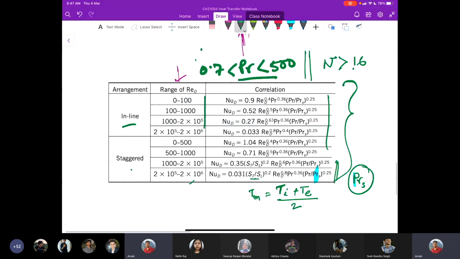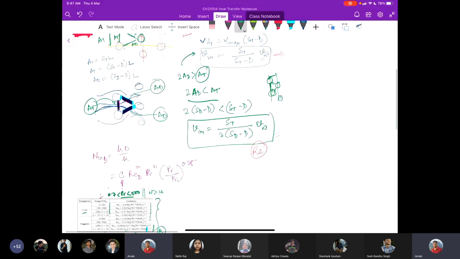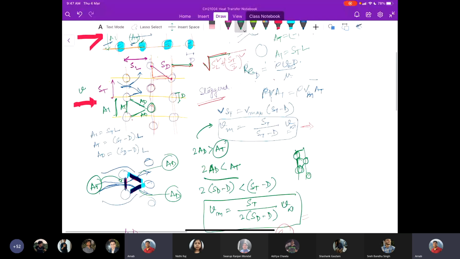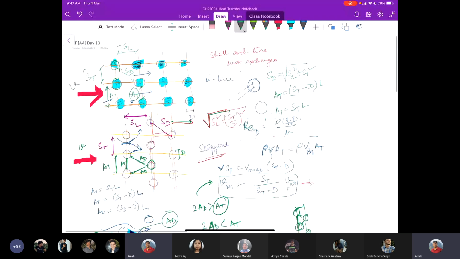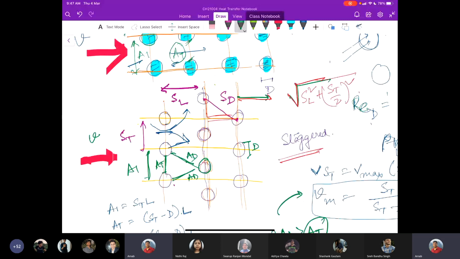Remember, in all the cases, in all these points we are discussing, the fluid is on the shell side, if you consider this arrangement as a shell and tube heat exchanger. The velocity that we are talking about is the shell side velocity of the fluid flowing over the tube banks.